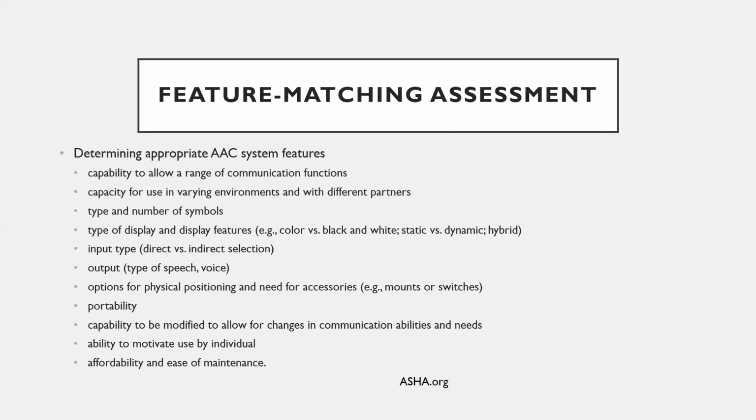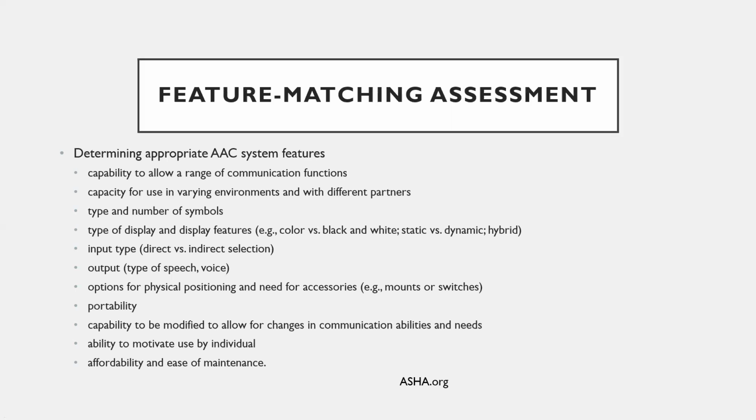Or, if they're going to use a low-tech system, we can't just give them a single board, a one-pager of different symbols. They're going to need something that allows them this range of access to different symbols for those different communication functions.